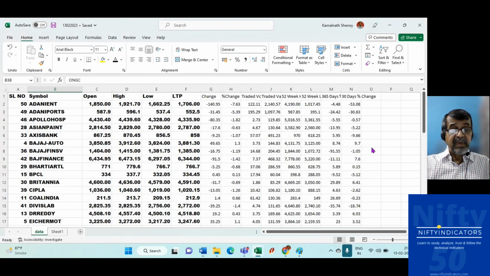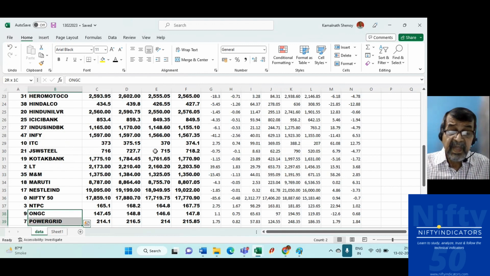This, for example, is the screenshot of all the 50 Nifty components and how they have done. It's in alphabetical order here. You can have a look how it is and decide what you want to do. I will also show you all the indicators and the combo of the indicators. So have a look and then decide.